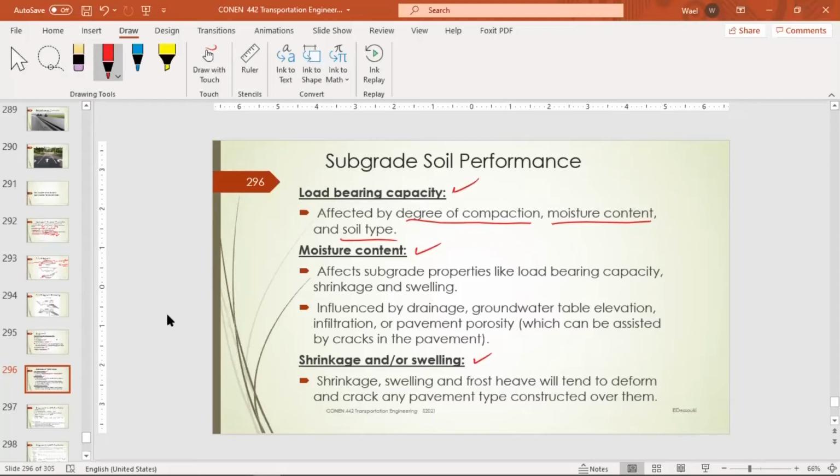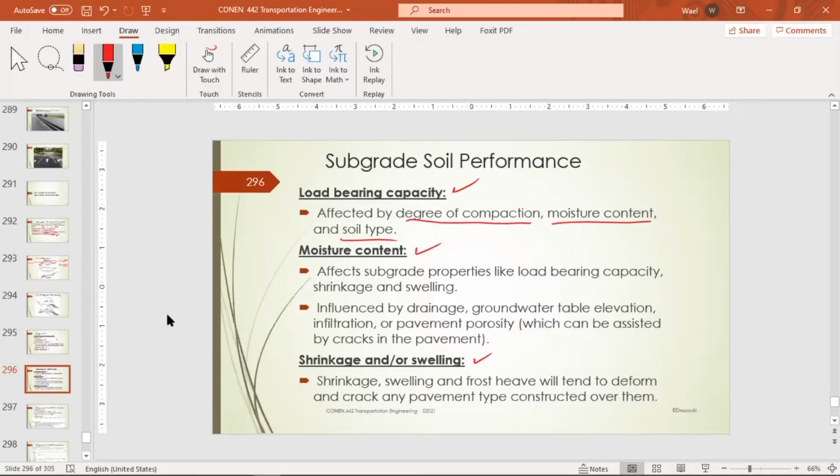The moisture content affects the subgrade properties like load bearing capacity and shrinkage, influenced by drainage. Again, the ability of the soil type to get rid of water, and also the groundwater table elevation, affects the moisture content.